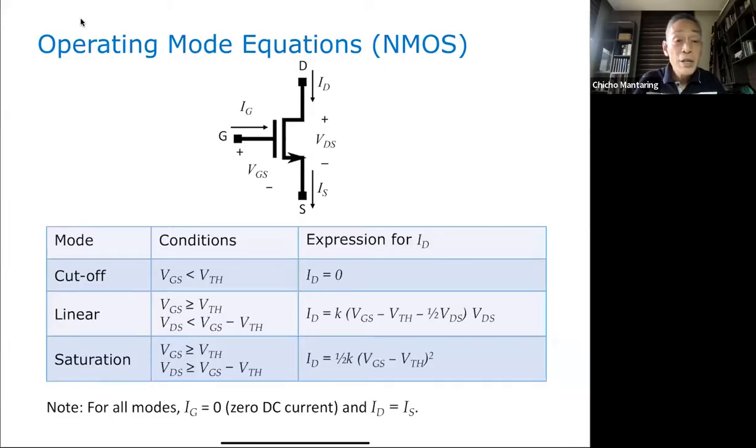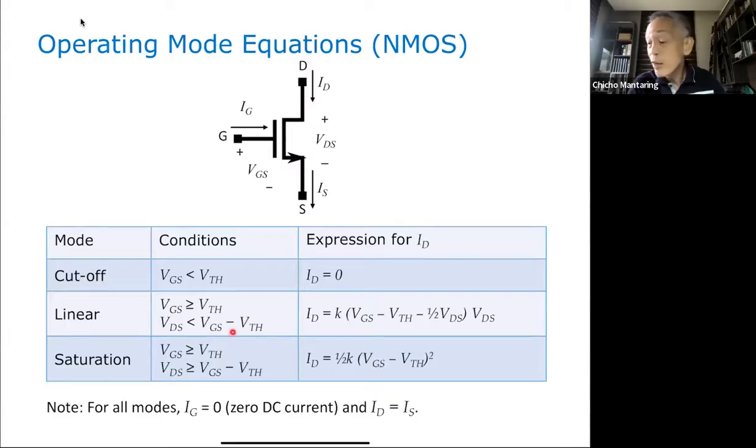Okay. When your VGS is greater than or equal to VTH, there are two possibilities. It's either in linear operation or in saturation. When is it in linear operation? That is when VDS is less than VGS minus VTH.